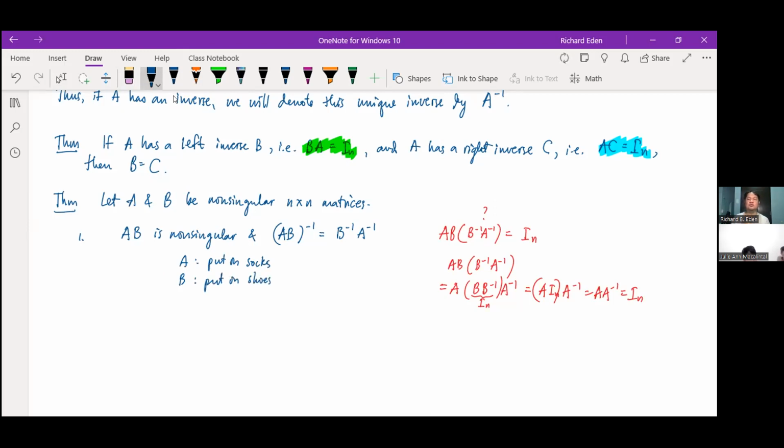And then when you take the inverse, you are undoing it. Now, naturally, we put on our socks first before putting on our shoes. So that's why here we have AB. But if you want to reverse it, which do you take off first? Socks or shoes? Choose one. Shoes. So we start with B inverse.